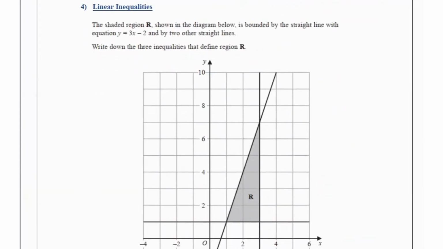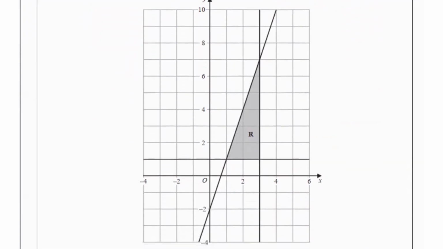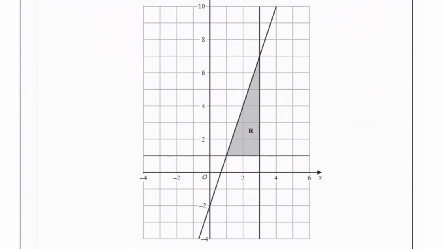Next is the shaded region R shown in the diagram below is bounded by the straight line with the equation y equals 3x minus 2 and by 2 other straight lines. Write down the 3 inequalities that define the region R. So for the 3 inequalities that define the region R, if we look at this one, this line is passing through x equals to 3.